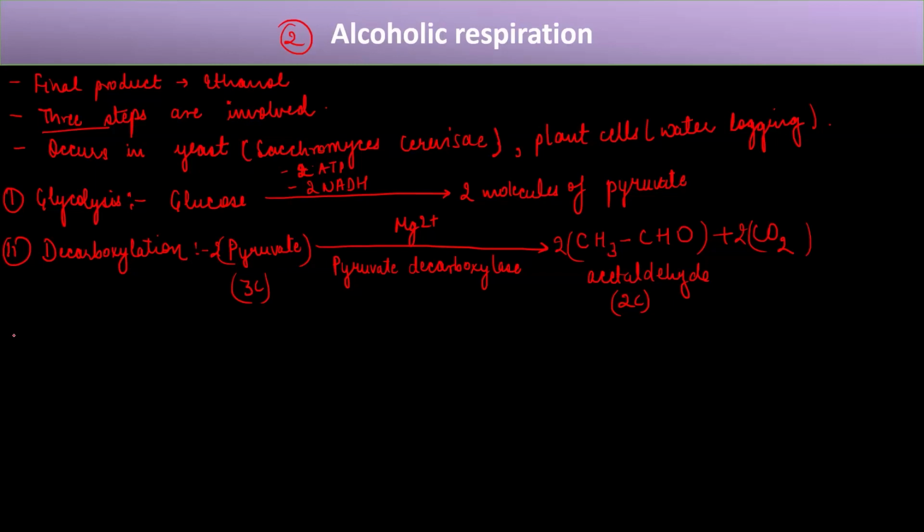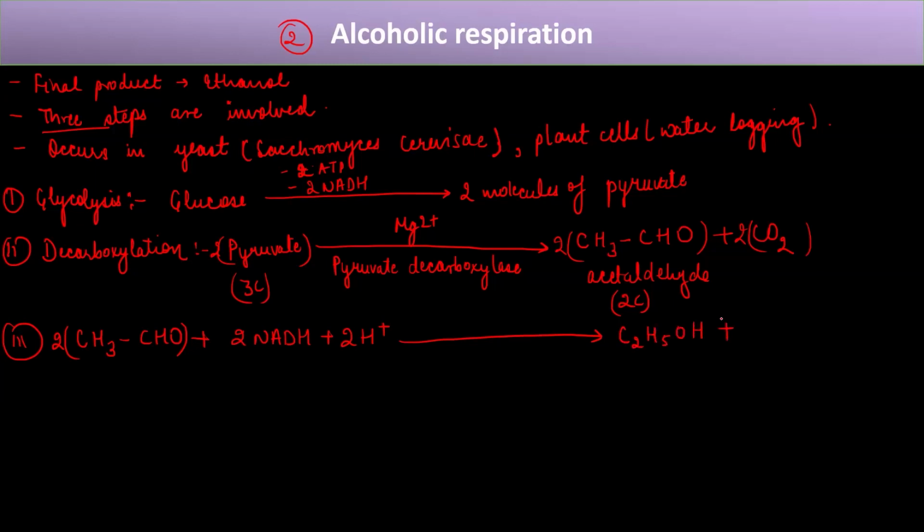Now, in the third step, the acetaldehyde that is formed, CH3CHO, because this is 2 molecules of CH3CHO, in the presence of 2 NADH plus 2H plus, gets converted into ethanol, that is C2H5OH, plus a water molecule.